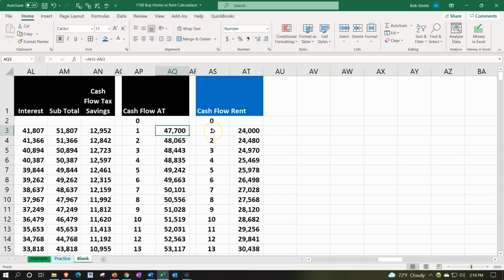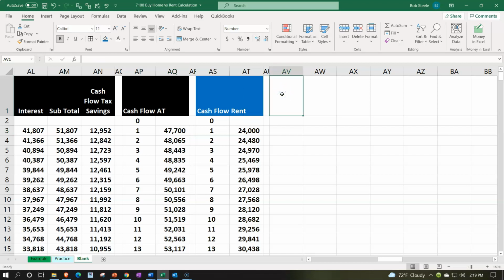But that could be, we might be comparing different sizes, whatever. But there's also going to be the increase in the value of the property, the equity, if we were to sell the property, which you have to take into consideration, whether or not you can access that cash flow. Anyway, we're going to then take the difference.